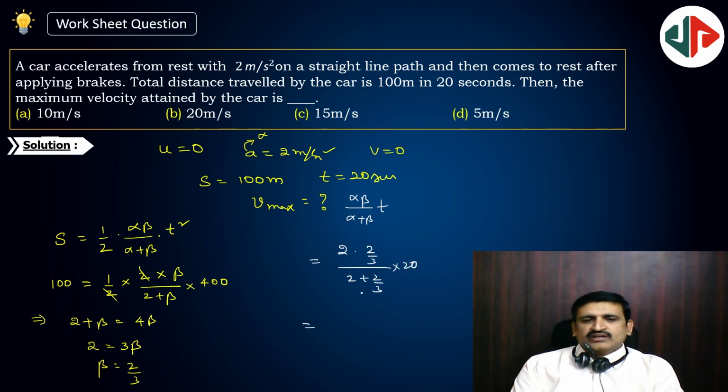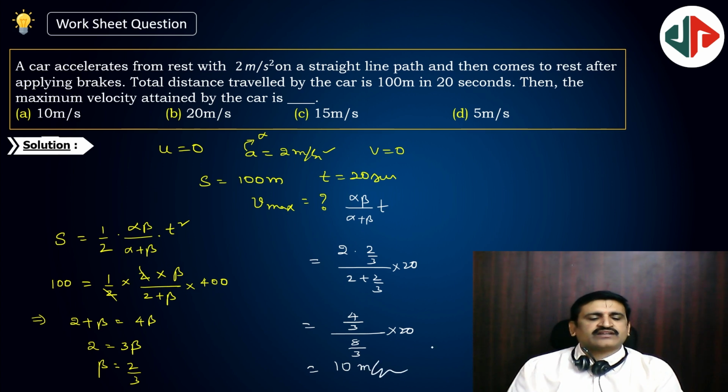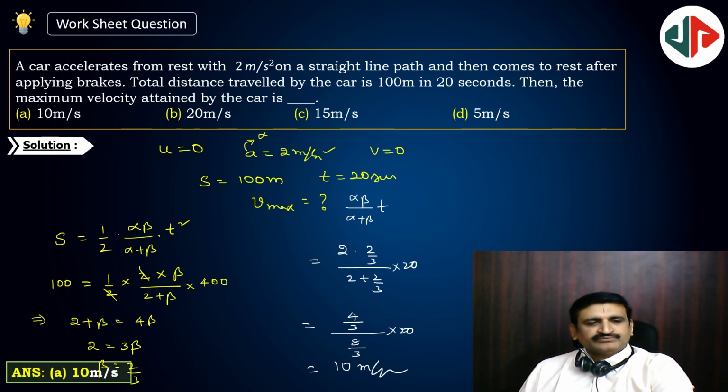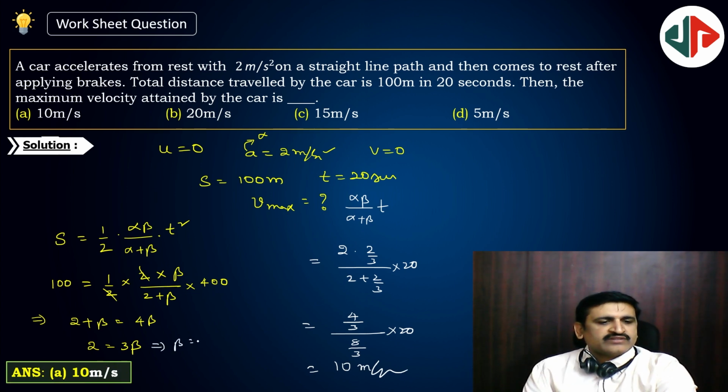So this is 4 by 3 by 8 by 3, into 20. So 3 gets cancelled, 1 by 2, so it's roughly 10 meters per second. So that is the answer. Beta is equal to 2 by 3. Next.